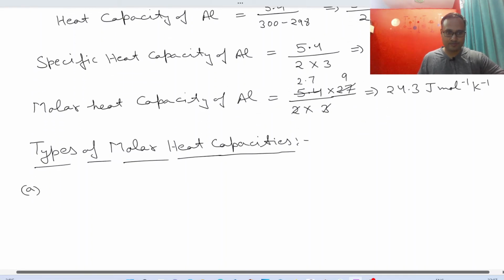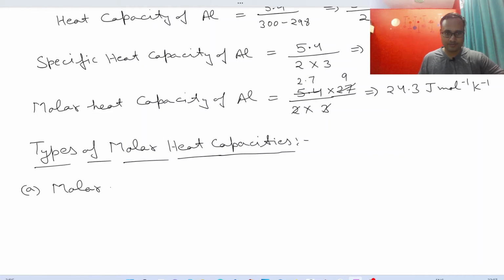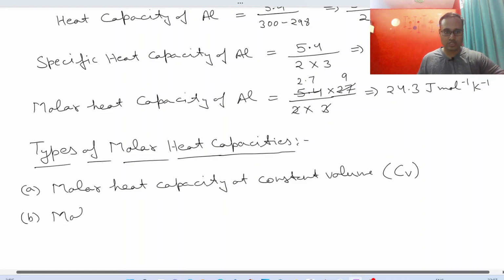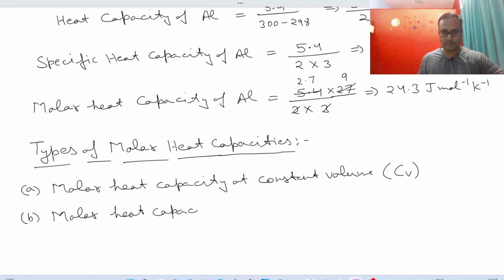Molar heat capacity at constant volume, which is represented with CV, and the second one is molar heat capacity at constant pressure, and it is represented by CP.